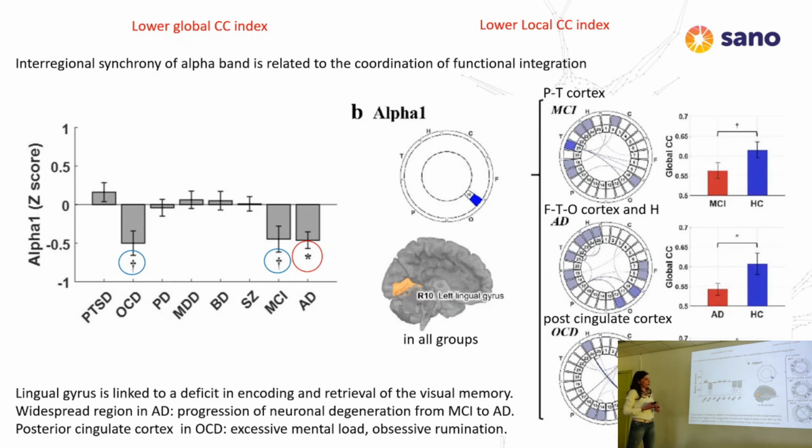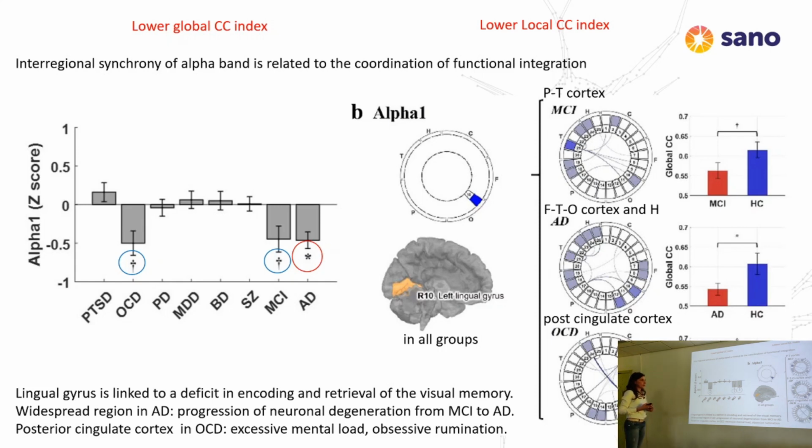But in particular, the MCI group shows a lower local clustering in parietal and temporal cortex. Instead, the Alzheimer's disease group shows it widespread, comprising frontotemporal occipital cortex and hippocampus.